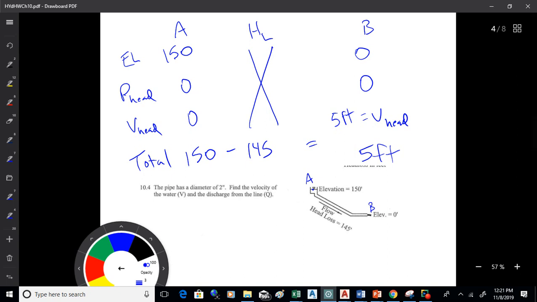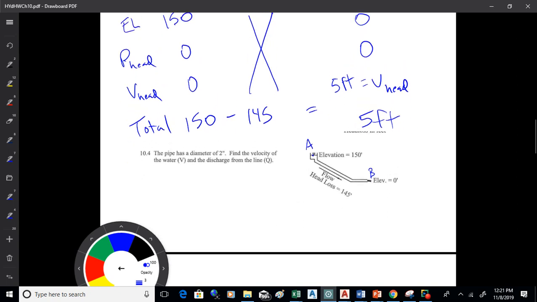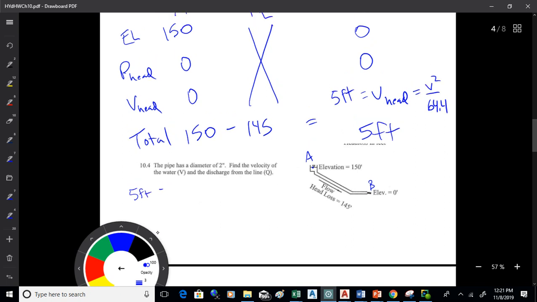All right, so to accomplish that, what you want to do is realize that velocity head is equal to v squared over 64.4. So you're just going to have to do some algebra to figure out what v is if v squared over 64.4 is 5, okay? So you want to back into what the velocity is. So you got 5 feet is v squared over 64.4.